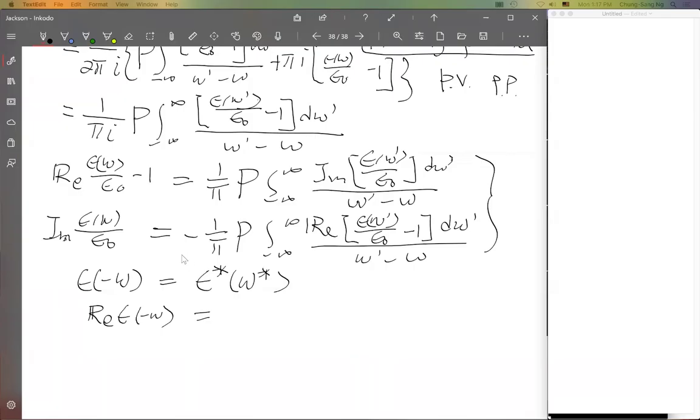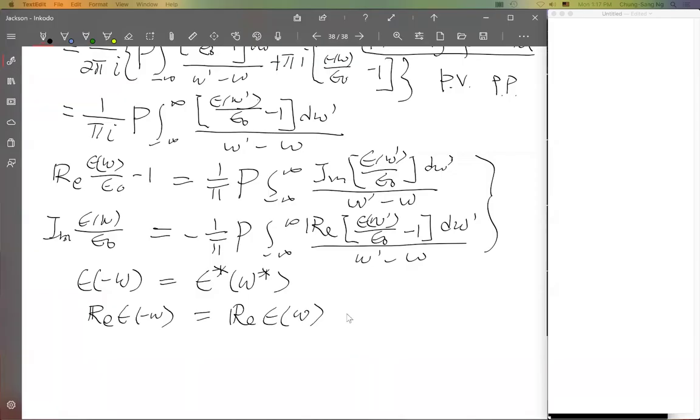So it will be just the real part of epsilon evaluated at the same omega, because you assume omega is real. So you see that the real part is symmetric. When omega changes to minus omega, the real part doesn't change. So the real part of epsilon is an even function of omega.